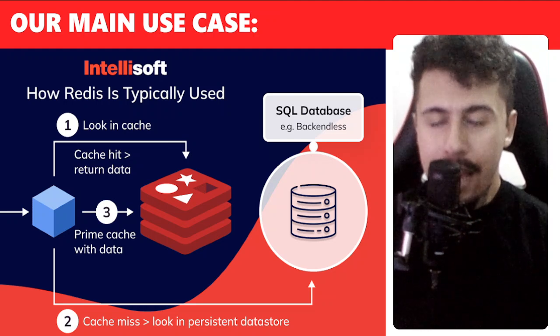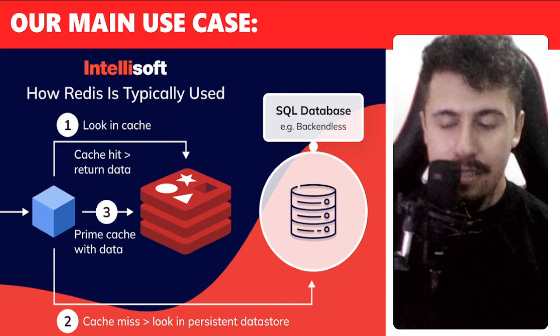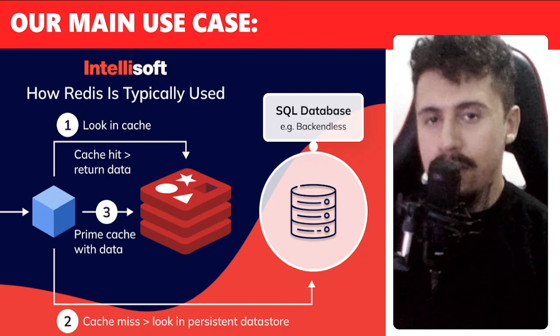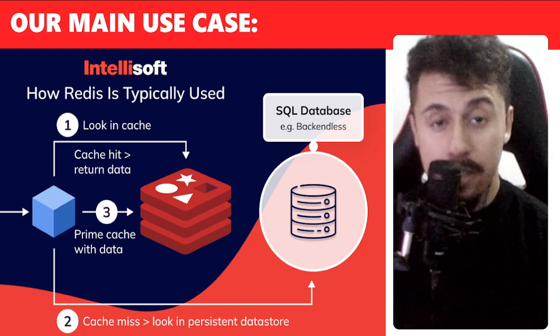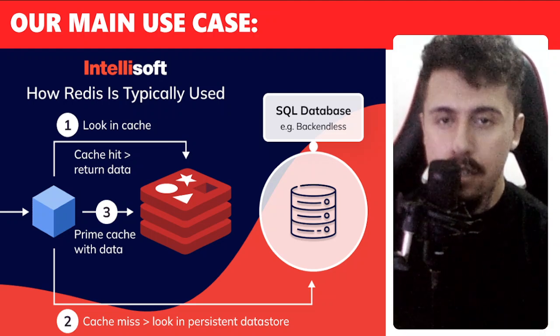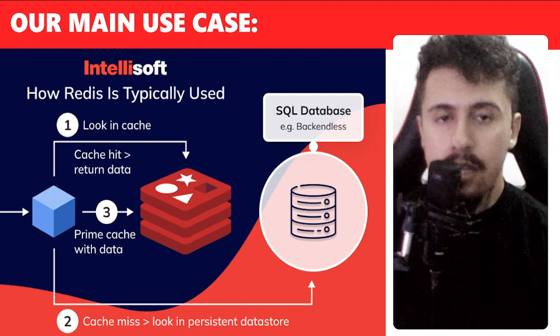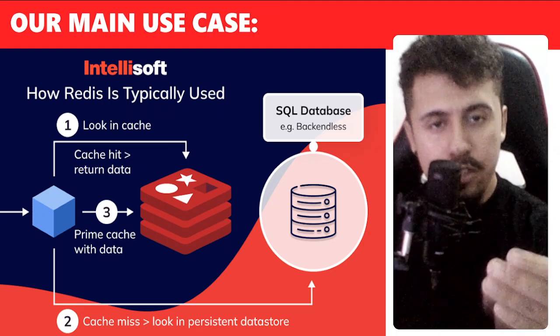But the most popular use case is to implement the caching layer of our applications, of one application. This is going to be our main use case.